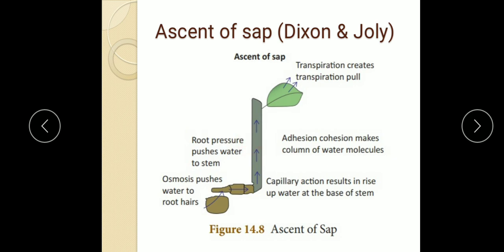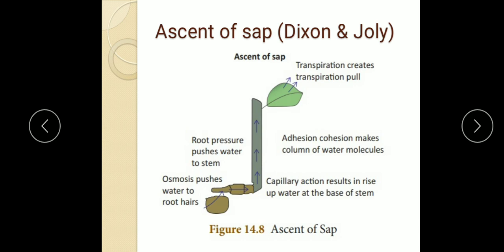So now I will repeat all the key terms. We have started from xylem and phloem. They are water and food conducting tissues respectively. Xylem is water conducting tissue, phloem is food conducting tissue.